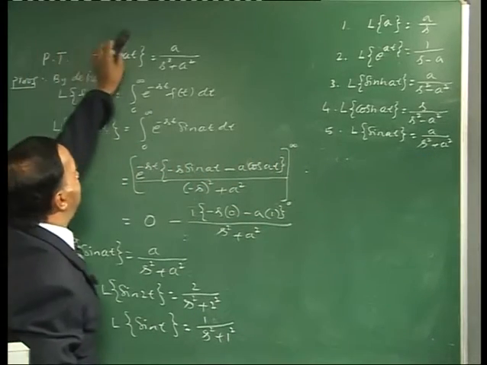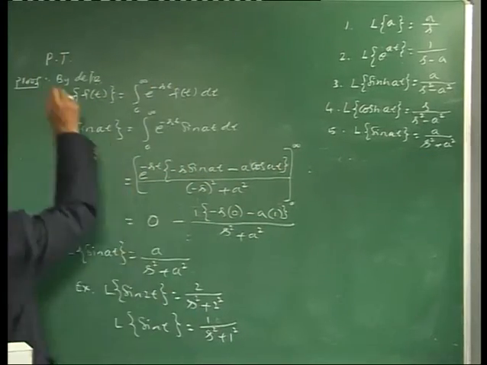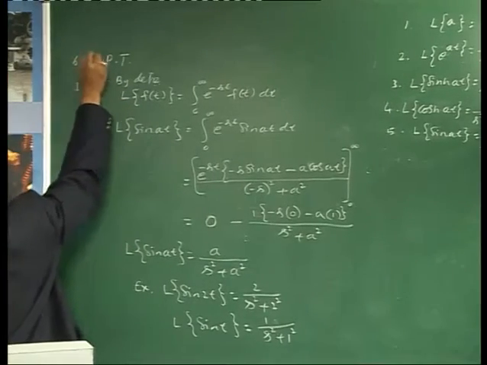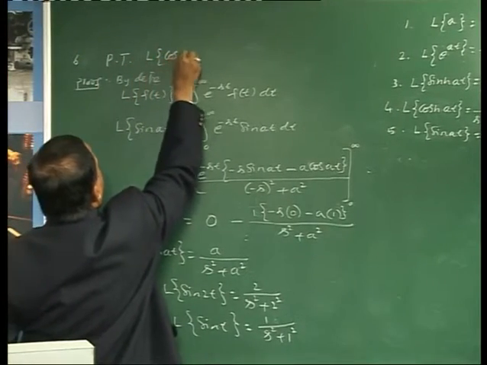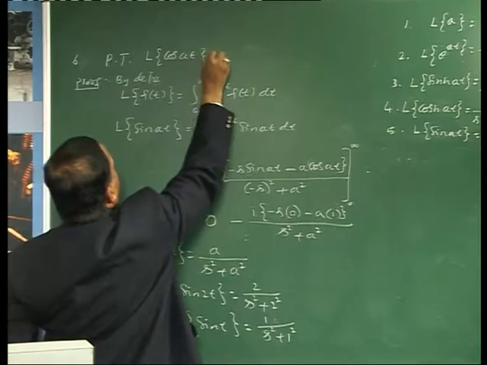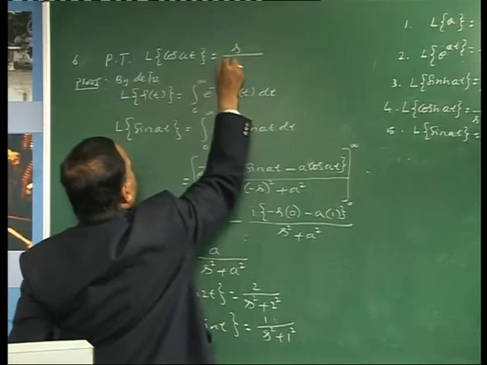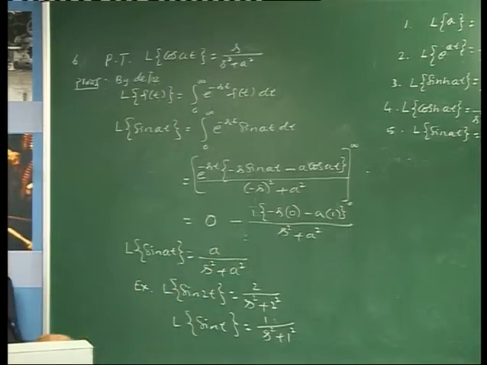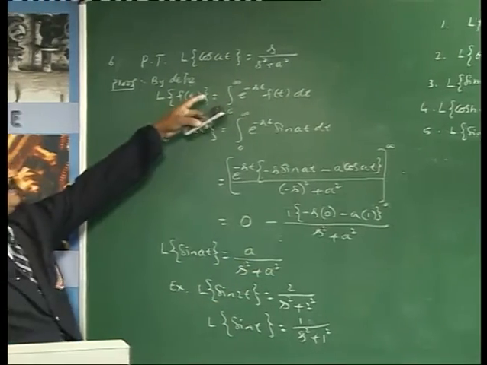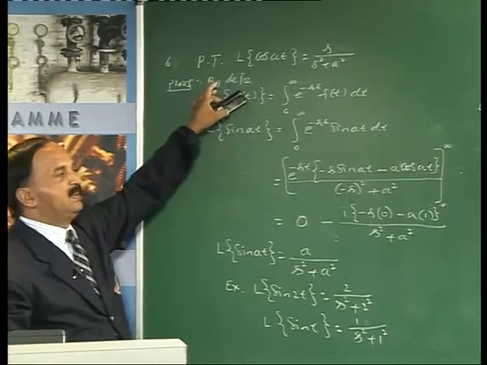Next, number 6. Prove that L of cos at is equal to s divided by s square plus a square.